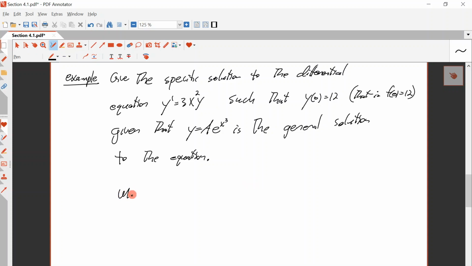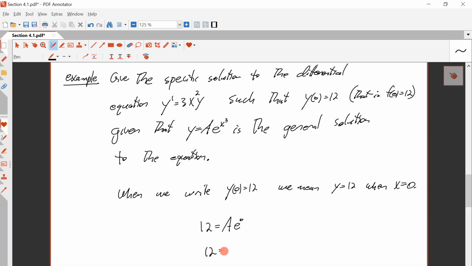Okay, so when we write y of 0 equal to 12, we mean y is equal to 12 when x is equal to 0. So we have that 12 is equal to a e to the 0. So 12 is equal to a.